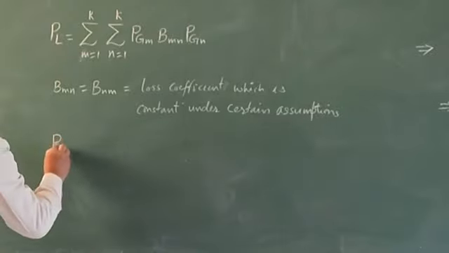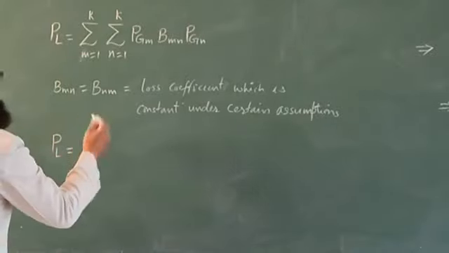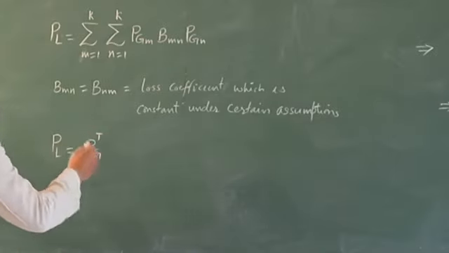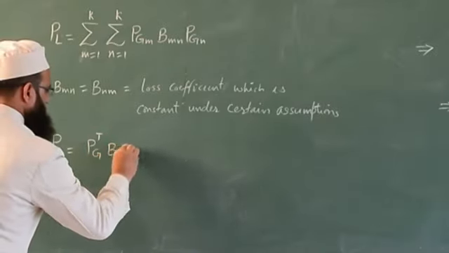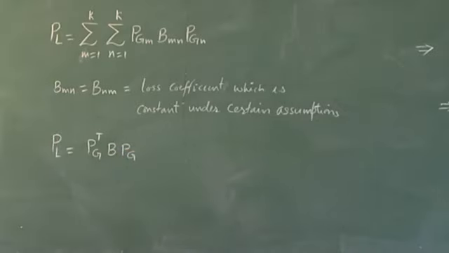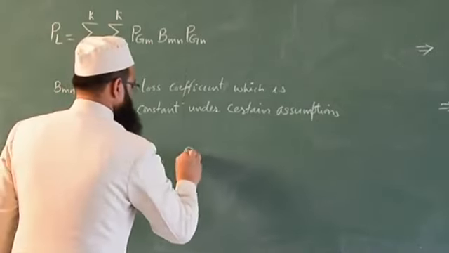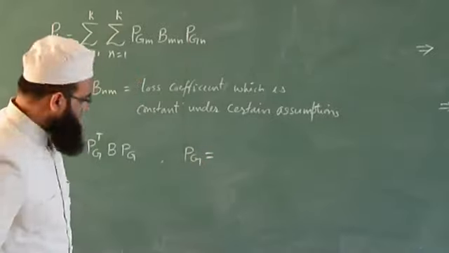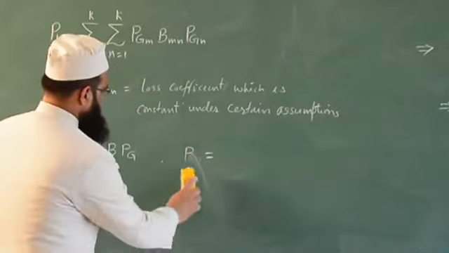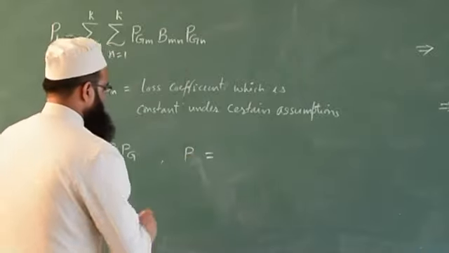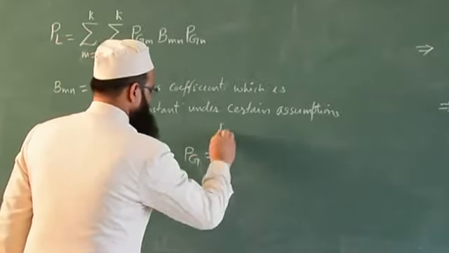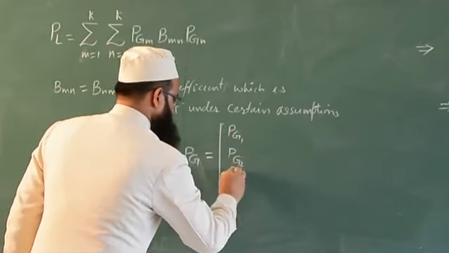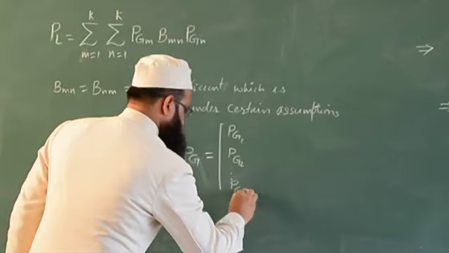In matrix form, the same can be represented as PG transpose B PG, where PG is equal to PG1, PG2, up to PGK.